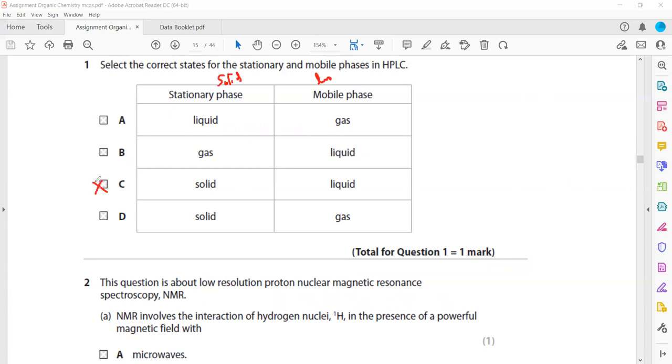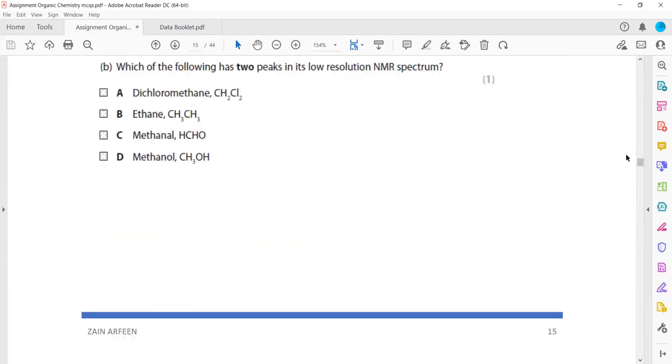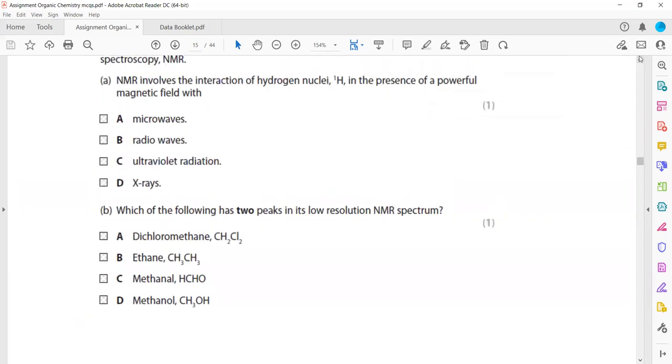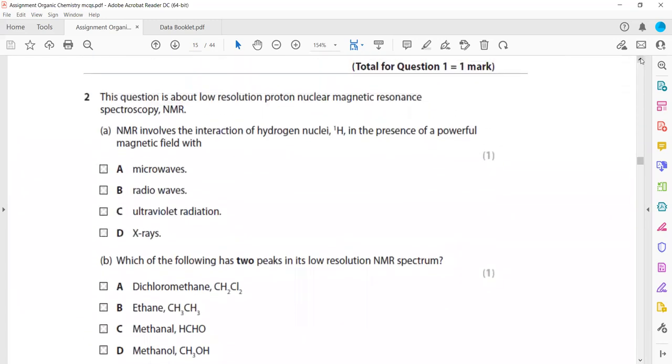But if it was gas chromatography, gas is the mobile phase and a liquid or a solid can be the stationary phase. Yeah, this is column chromatography as well. HPLC, high performance liquid chromatography, is also known as column chromatography. We allow the liquid to flow out and work out retention time and identify the amount of sample.